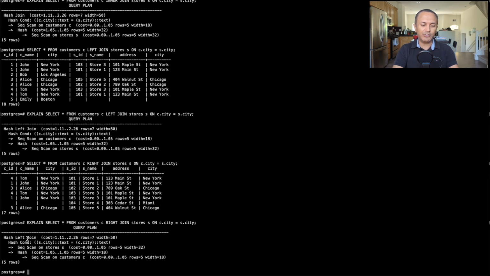In this case, it chose to do a left join, and it swapped the tables. Instead of customers being on the left side and stores on the right side, now we have stores on the left side and customers on the right side, and the join is reversed. So these are equivalent. It produces the same result that we would get otherwise, but it is more efficient from the optimizer's point of view.